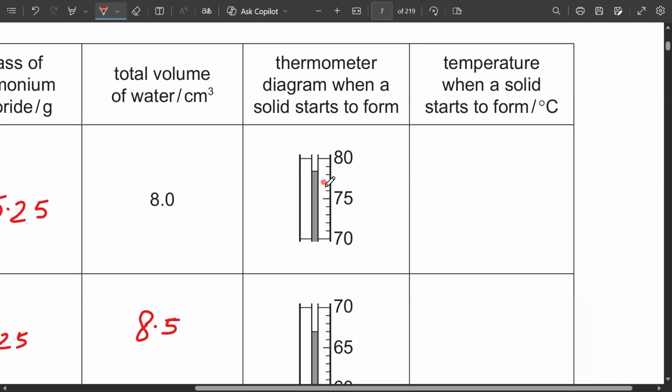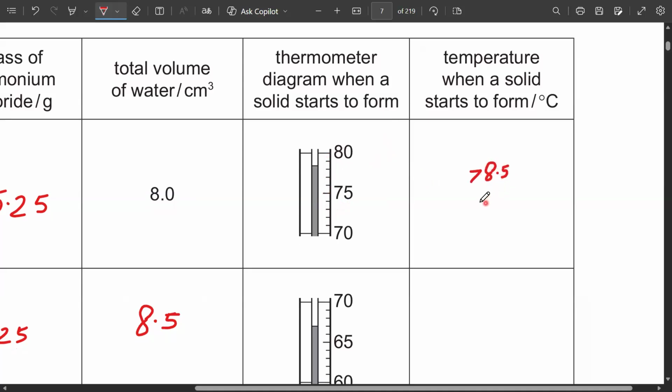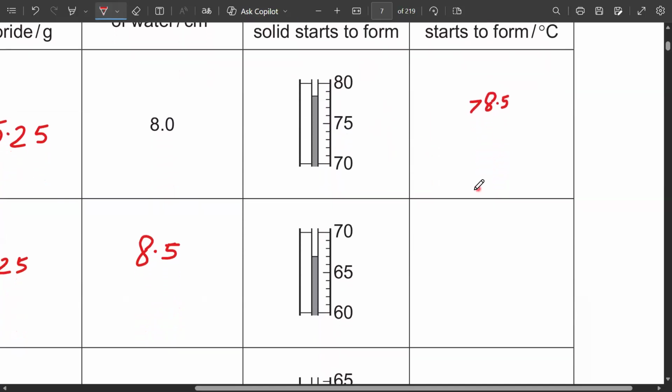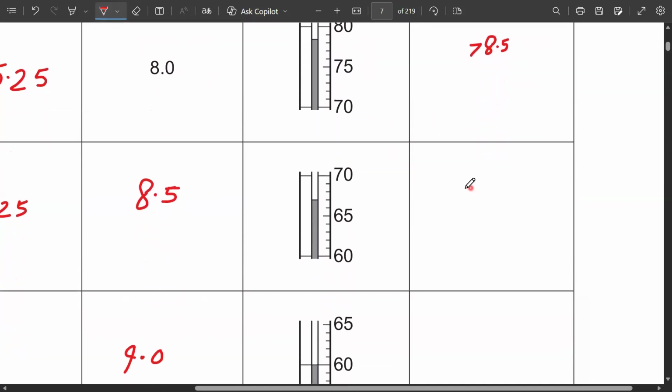So which value do you see here? This is 75, 76, 77, 78, 79, and 80. So this value is in between 78 and 79. So the value you will write here will be 78.5. I hope it's clear to everyone.